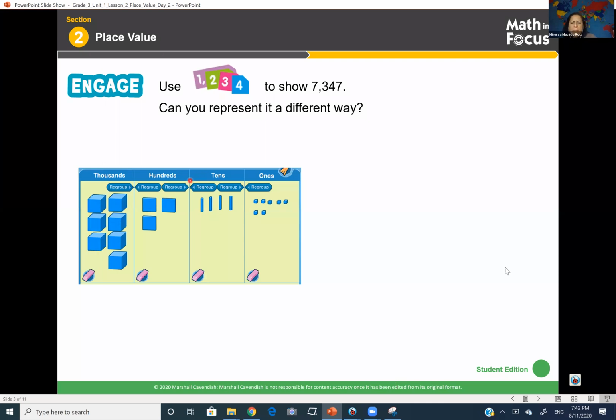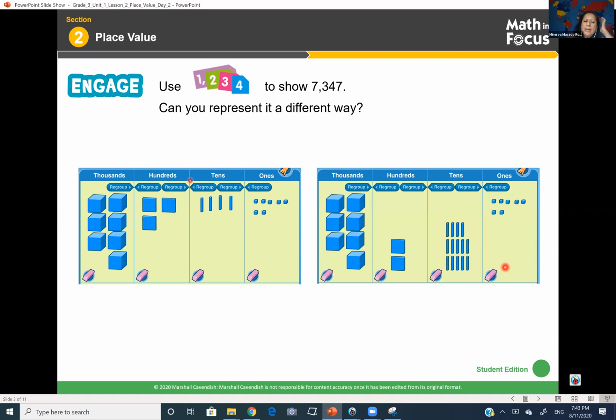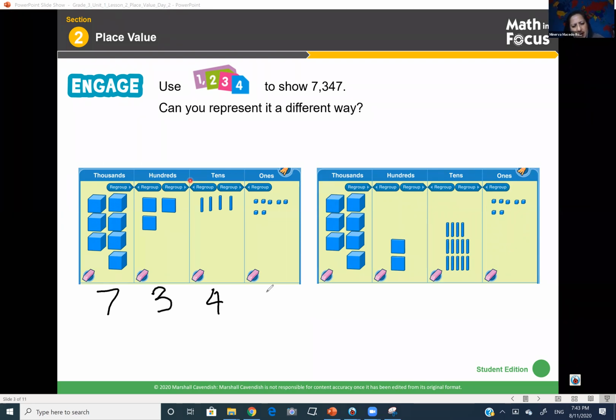Let's bring together the picture that we had with the changes in the hundreds place. Now let's check and see if the numbers we have here are the same as the ones that we had before. So the first number we had was this one, which is 7,347. But now we have something different in the second place.